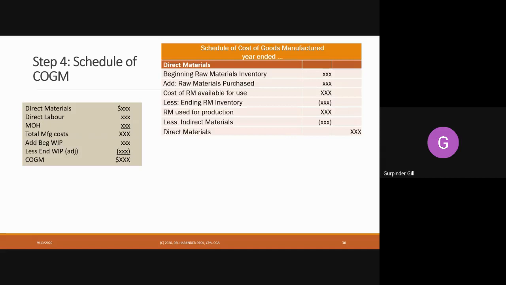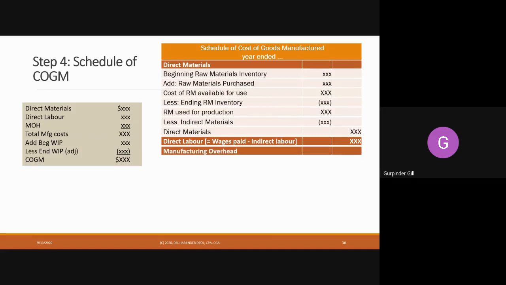Once we know what our total direct material is, then we can move on to our direct labor. Direct labor is fairly easy, which is your wages paid minus your indirect labor. Okay, make sure to adjust only for direct labor. If we have the total labor cost, then we will have to adjust or take out the indirect labor piece so that we can only account for direct labor.